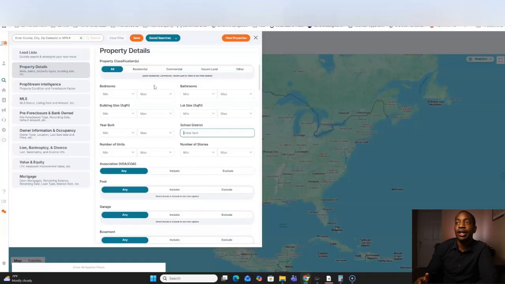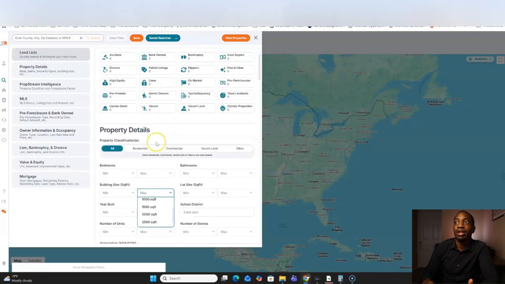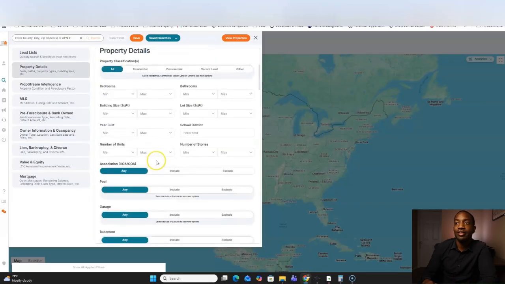I just want to target properties that are not like a 5-bedroom, 6-bedroom home, right? You can do that. You could put maximum a certain amount of bedrooms, a certain amount of bathrooms. Or I don't want to target a mansion. Then I don't want it to be more than like 3,000 square feet of a house.